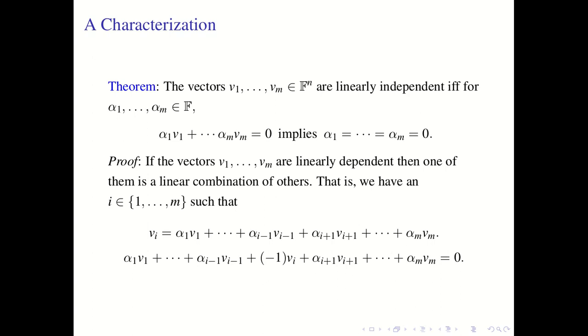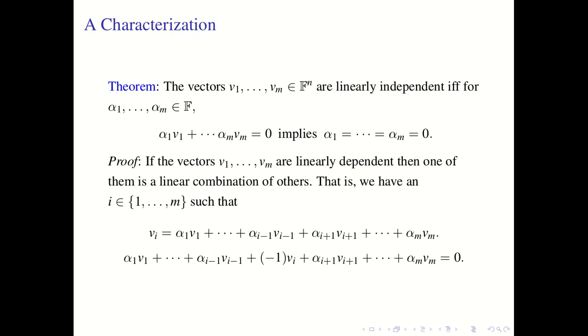So the claim here is that a collection of vectors v1 up to vm in Fn are linearly independent if and only if for alpha 1 up to alpha m in F, alpha 1 v1 plus etc. alpha m vm equal to 0 implies that all the scalars alpha 1 up to alpha m are 0.